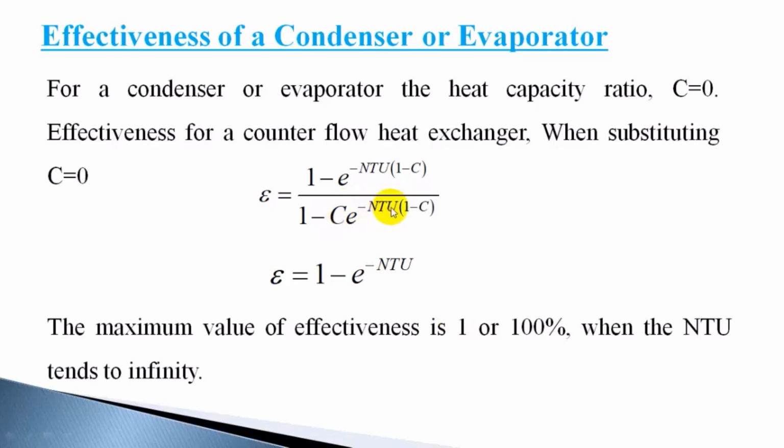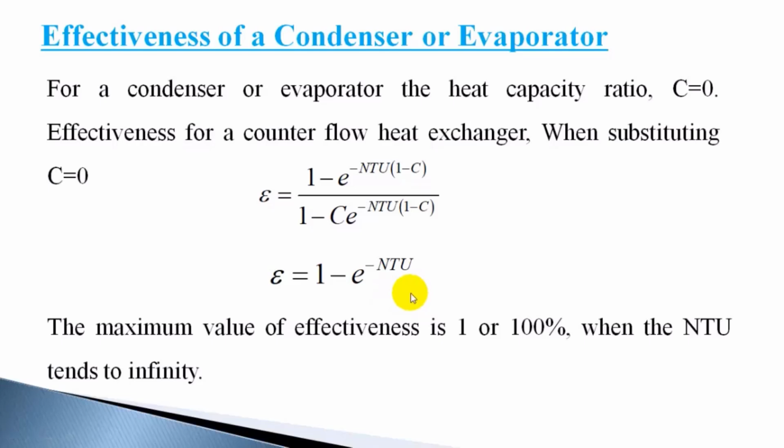So once C is 0, this term vanishes. The denominator will get only 1, and in the numerator, with C as 0, you get 1 minus e raised to minus NTU. So effectiveness you will get as 1 minus e raised to minus NTU in case of an evaporator or condenser working as a counterflow heat exchanger. We got the same expression for the condenser or evaporator when it works as a parallel flow heat exchanger also.